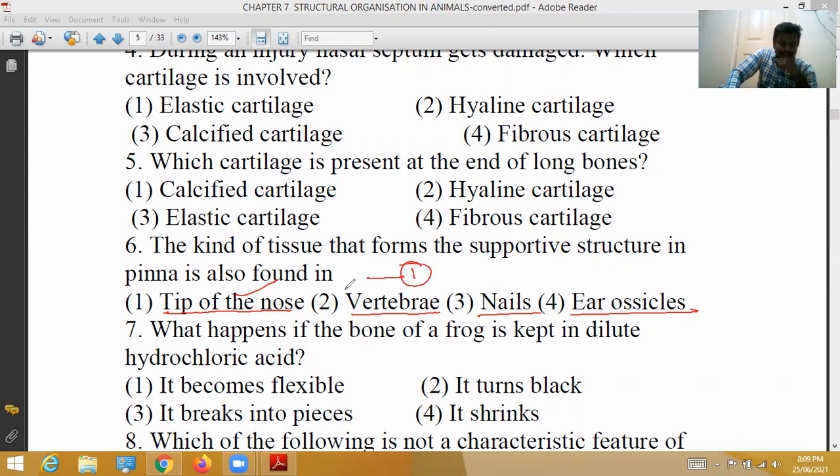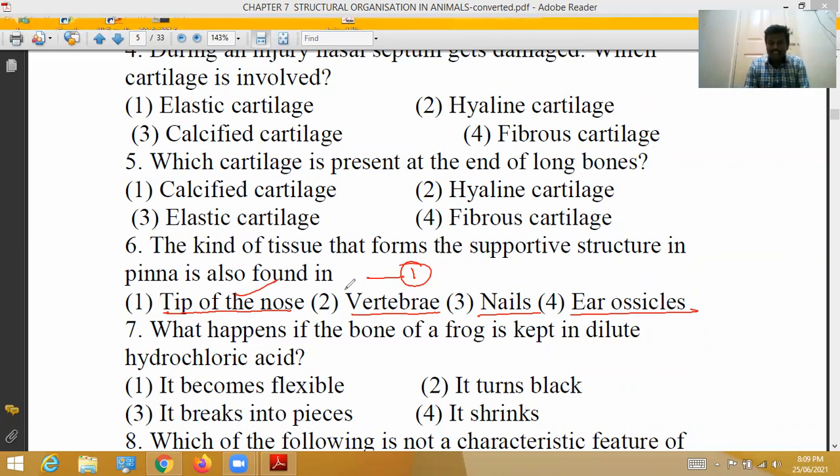Generally, yellow elastic cartilage is found in the external ear or ear pinna, external auditory canal, eustachian tube, tip of the nose, epiglottis, and some laryngeal components. Elastin fibers in yellow elastic cartilage provide both color and elasticity to the cartilage. So the tip of the nose is the correct option.